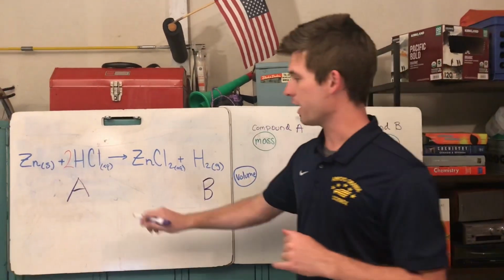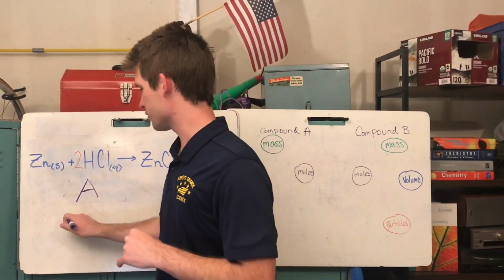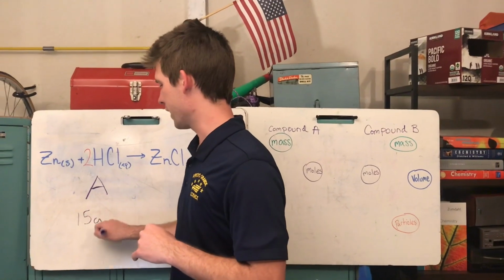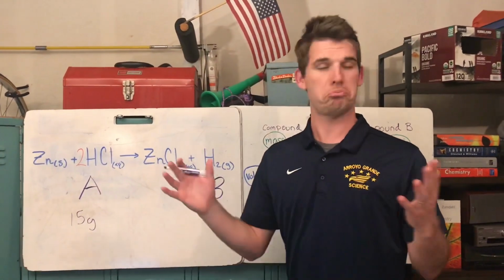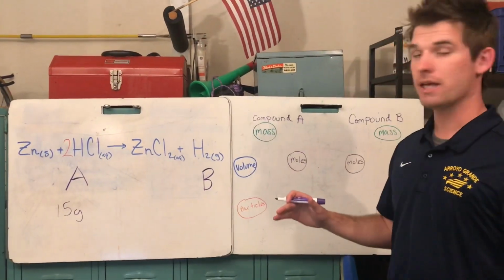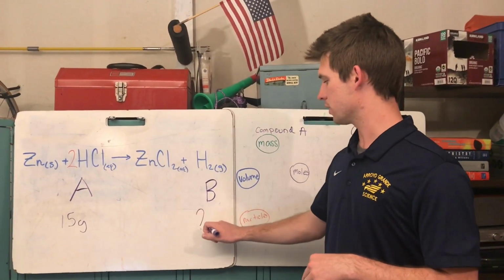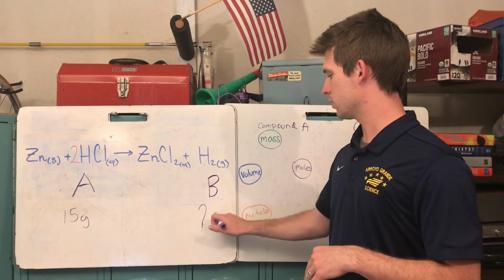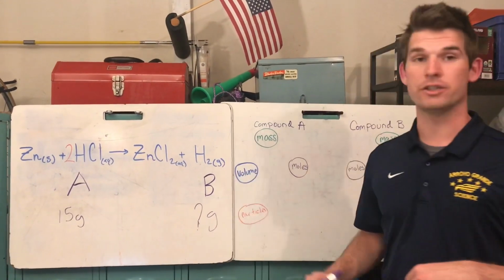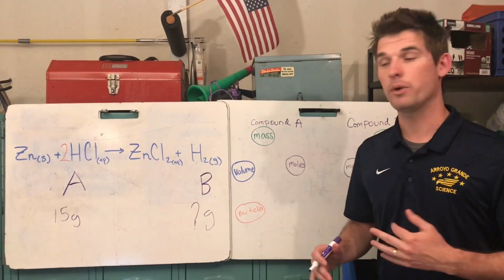For example, if I say that there's 15 grams of hydrochloric acid, and I need to figure out how many grams of hydrogen gas we produce, here's what we would do.